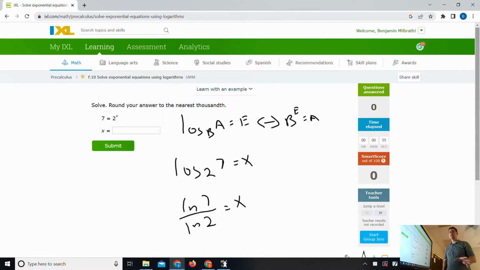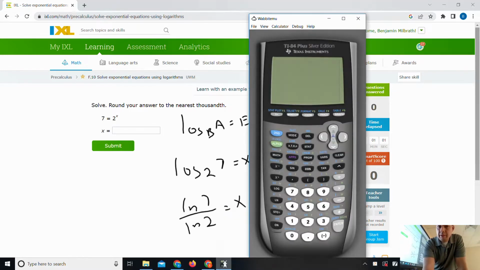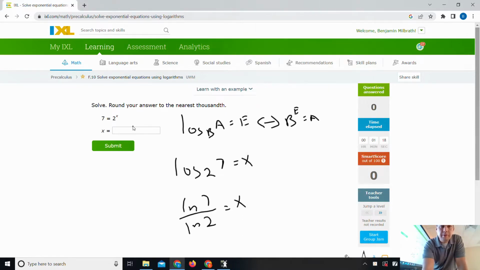I'll do the next example different because I realize how hard that is for a lot of kids to do. But go to my TI-84, natural log of 7, closed in parentheses, divided by the natural log of 2. 2.807. They want the nearest thousandth, 2.807.